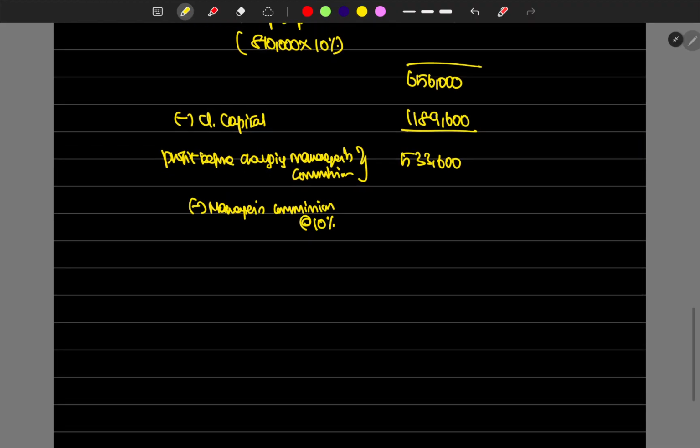Okay, after charging such commission means this is the value on which the 10% applies. Then what should this be? If it is 10%, if this is 100%, this should be 90%, right? How can we find this out? 5,33,600 into 10, this will be 90.